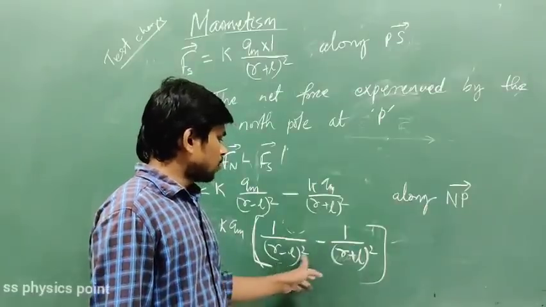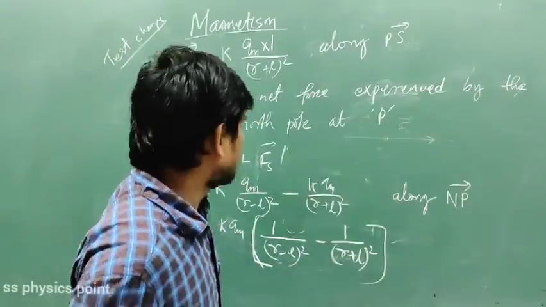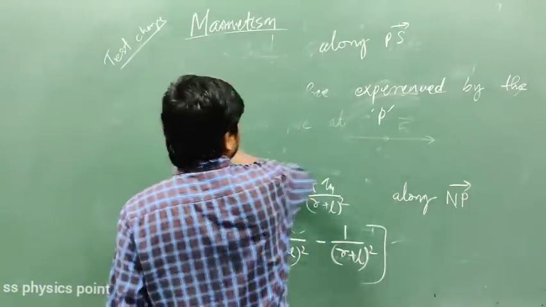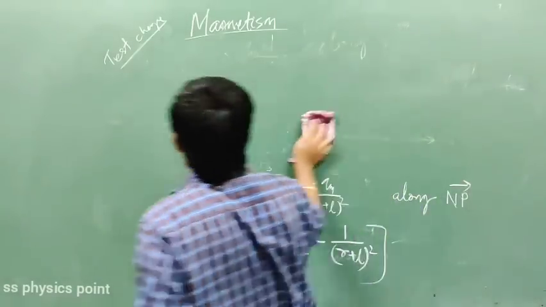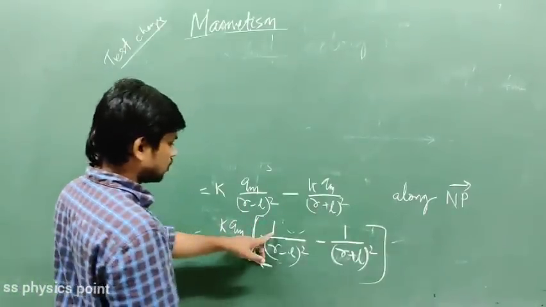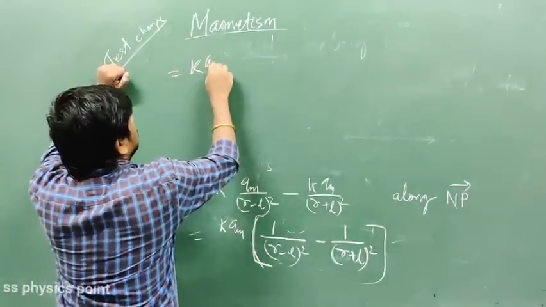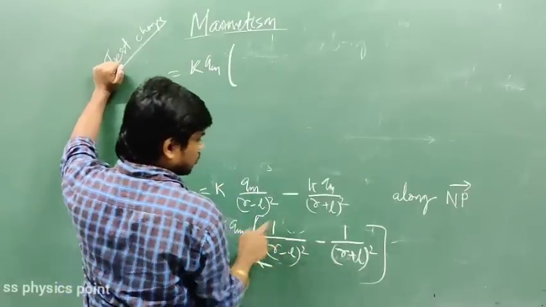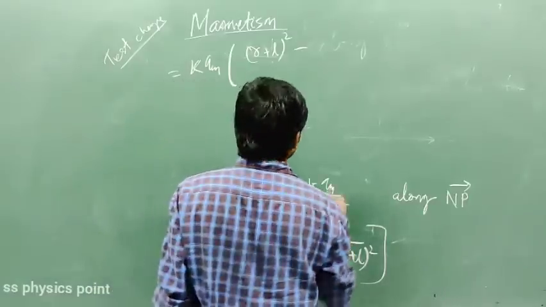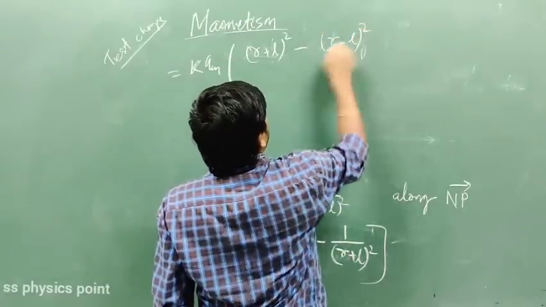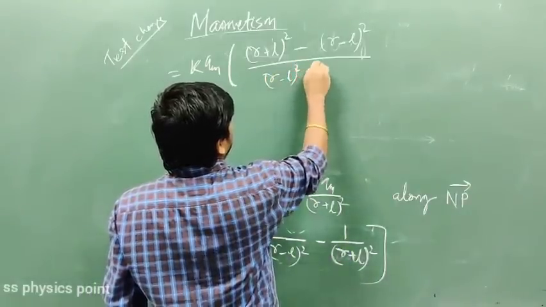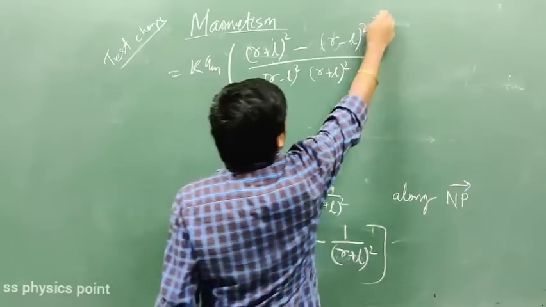Again, you just take the LCM and find it. All students, pause the screen, try to do it yourself, then see the final answer here. This is simple mathematics. After this simple mathematics, K Qm will come out. Now this will be (R plus L) whole square minus (R minus L) whole square, divided by (R minus L) whole square into (R plus L) whole square.